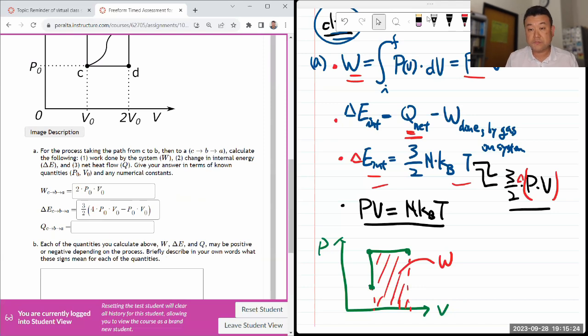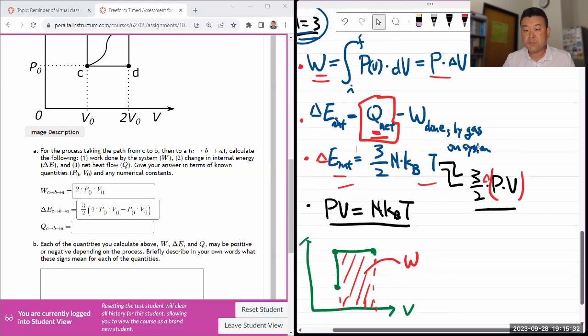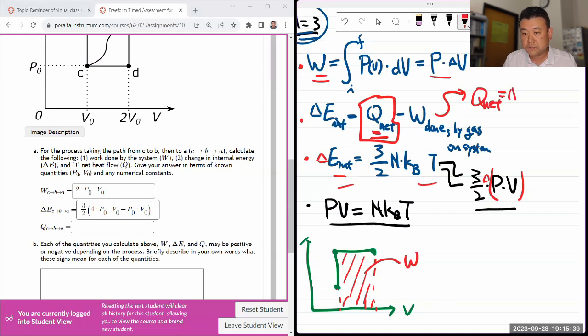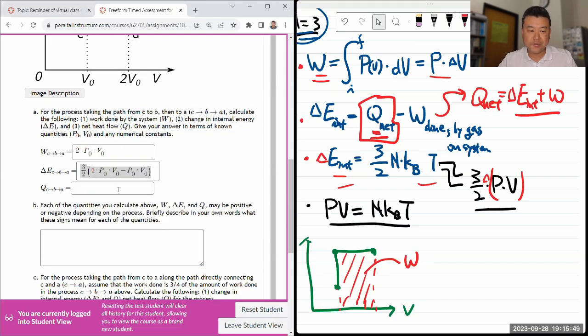And for net heat transfer, I solve this first law equation for net heat. It's going to be the change in internal energy plus the work done. I have both of them up here, so just add them together. I'm doing this in a lazy way.